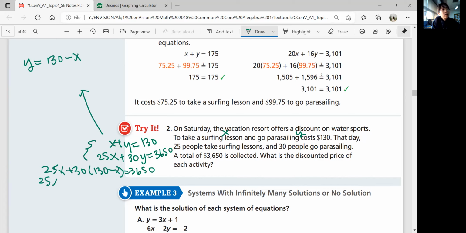Then you use the distributive property. Then you have plus 3900 minus 30x is equal to 3650. And then 25x minus 30x is negative 5x.